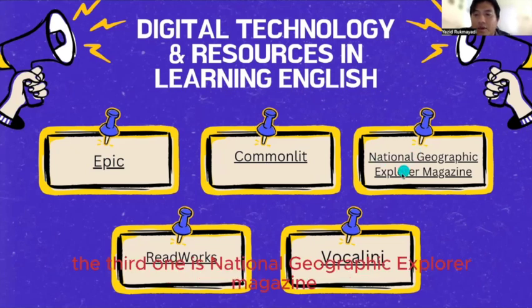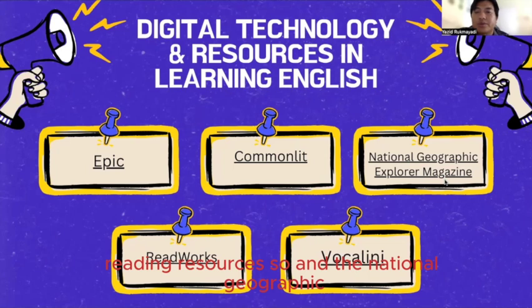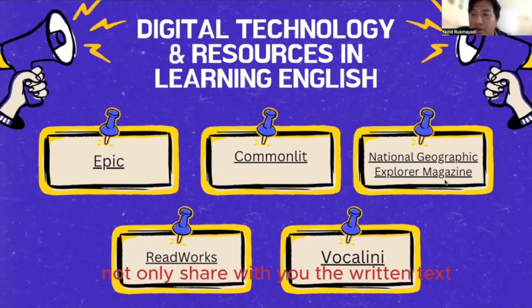The third one is National Geographic Explorer magazine. It will provide you with many reading materials and resources. National Geographic not only shares written text, but also impressive video, so you can read the main information as written text or video.